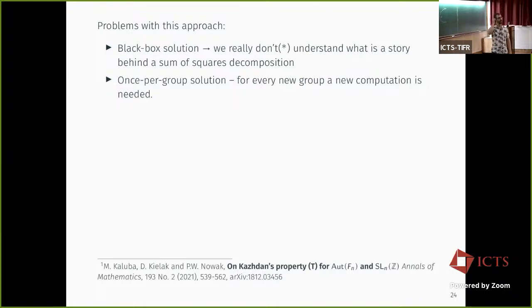But maybe more important is that it seems to be like a once-per-group solution, right? So you give me a group, I can compute this, it's successful, and therefore we have property T, but you give me another group, I have to compute again, right?